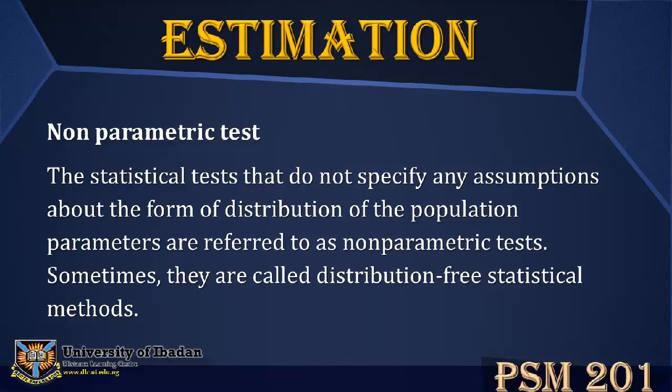Some common examples of non-parametric tests are sign test, Wilcoxon signed rank test, Mann-Whitney test, chi-square test, Kruskal-Wallis one-way ANOVA test, and Spearman rank correlation test.